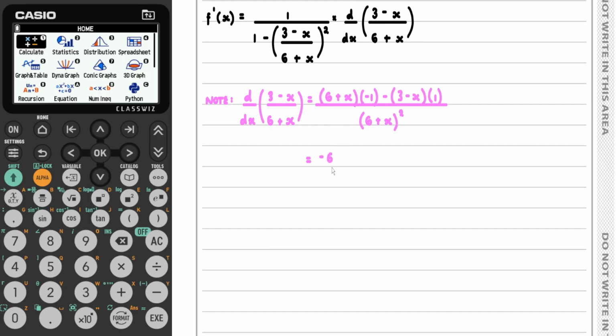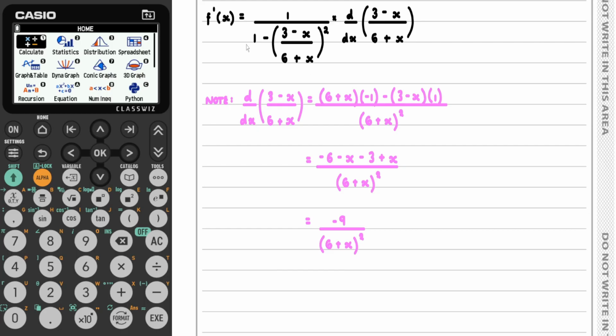So we have negative 6, subtract x, subtract 3, plus x, divided by 6 plus x squared. And this is equal to negative 9 over 6 plus x squared.